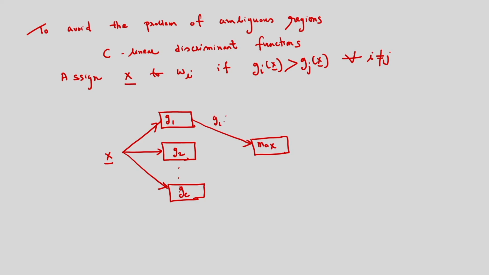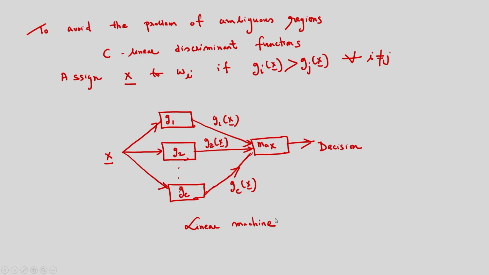This is g1(x), this is g2(x), this is gc(x), and we have to determine which one is the maximum discriminant function, and based on this we can take a classification decision. This is a linear machine. So for C number of classes I have C number of discriminant functions, and with the help of this I can take a classification decision.